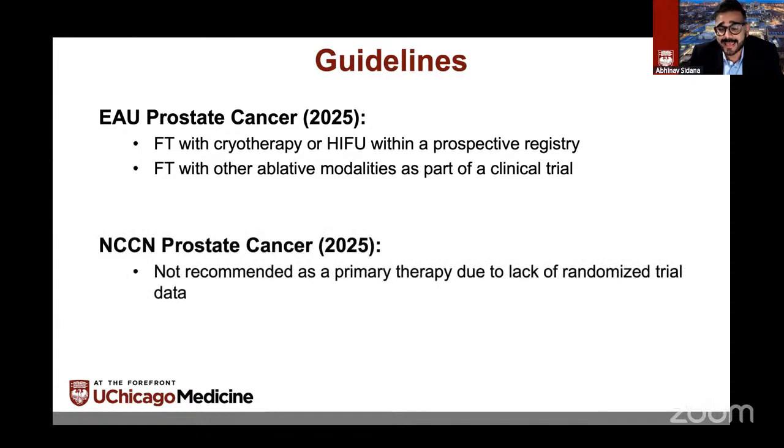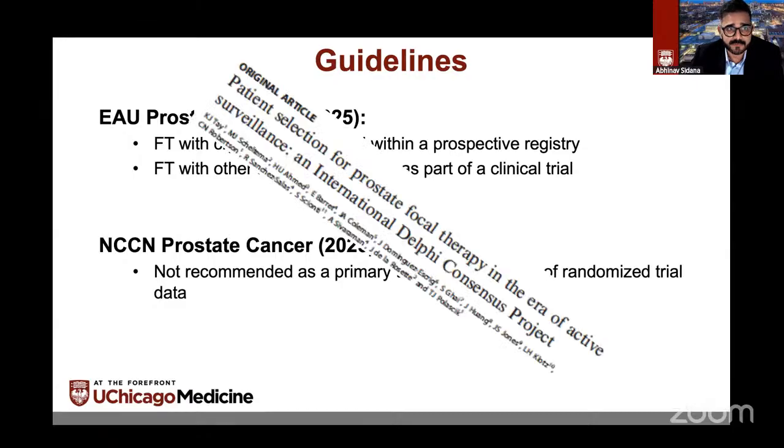On the other hand, NCCN actually does not even recommend focal therapy as a primary therapy for prostate cancer and recommends that focal therapy should only be offered as part of a randomized clinical trial. There are several consensus statements over the last 10 years where the experts have looked into different criteria for focal therapy selection.